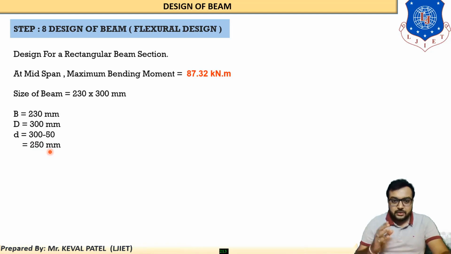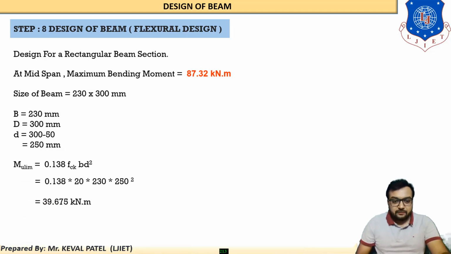You all know that in the question it is clearly mentioned to use M20 and FE415. Whenever we provide FE415, a high yield strength deformed bar, the equation of MU limit is equal to 0.138 FCK BD square.